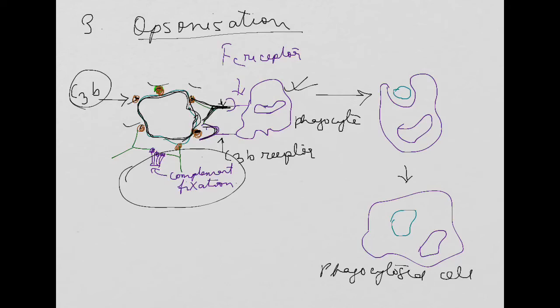So now they can bind more firmly to the target cells and then engulf them by the method of phagocytosis and kill the cell. This process is known as opsonization.